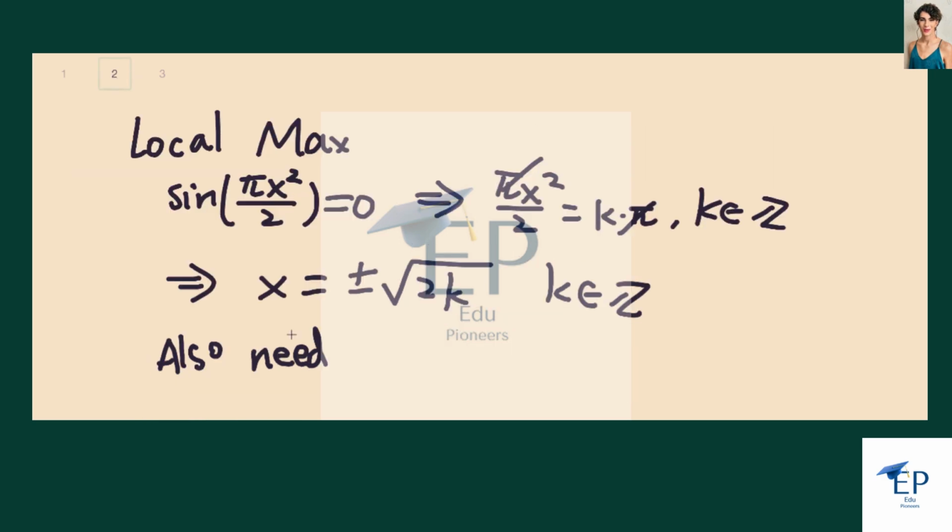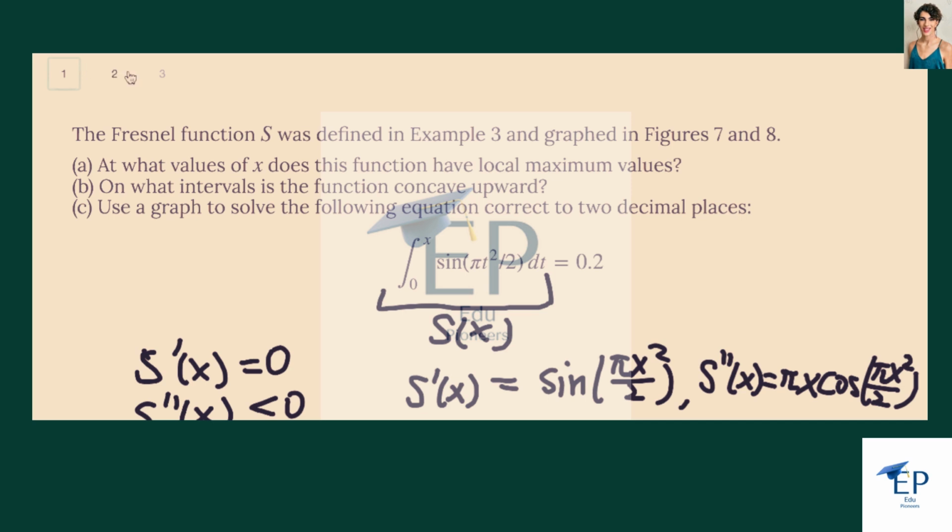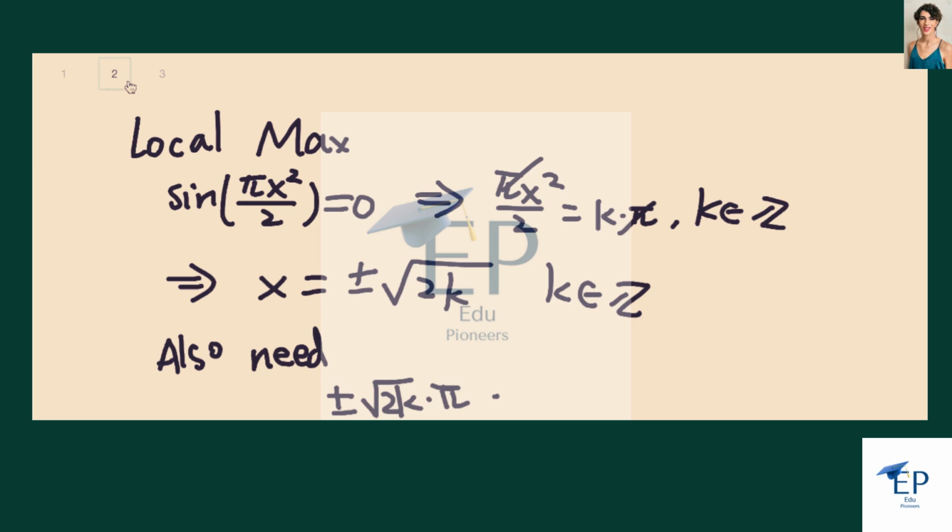We get pi times x, which is this, times the cosine part, cosine of pi x squared over 2, which is 2k pi over 2, so cosine k pi.